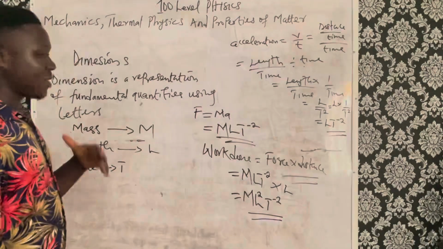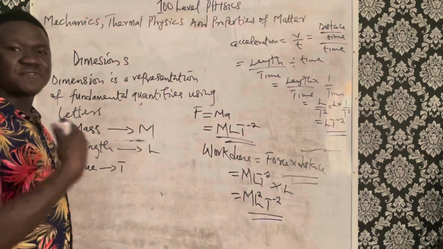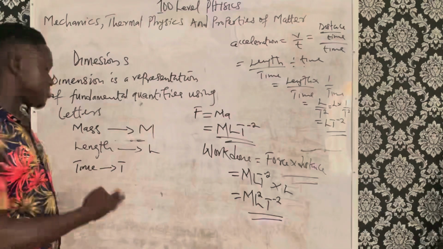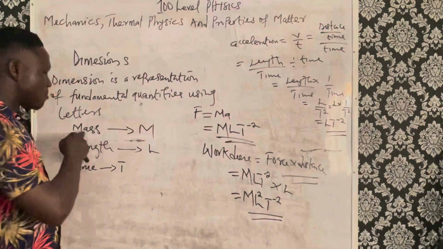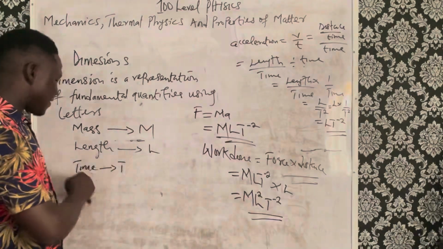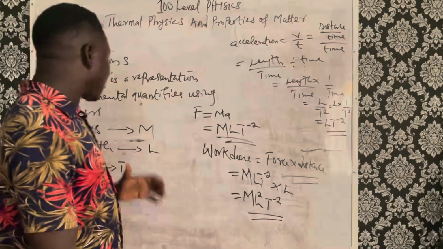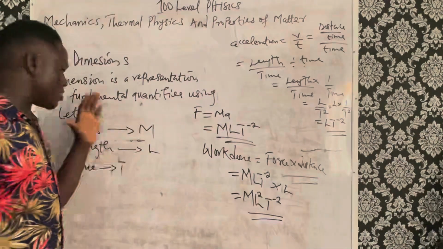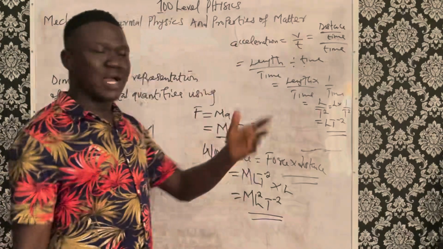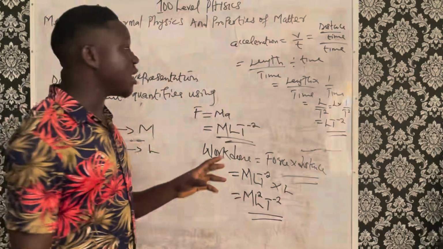Just to recap, we said dimension is a representation of physical quantities with letters, right? Then we said the fundamental quantities are mass, length, and time. Mass is represented with M, length L, time T. Since we can represent fundamental quantities with these, if I bring out any formula to get either acceleration, velocity, or mass, I can put a dimension to them.